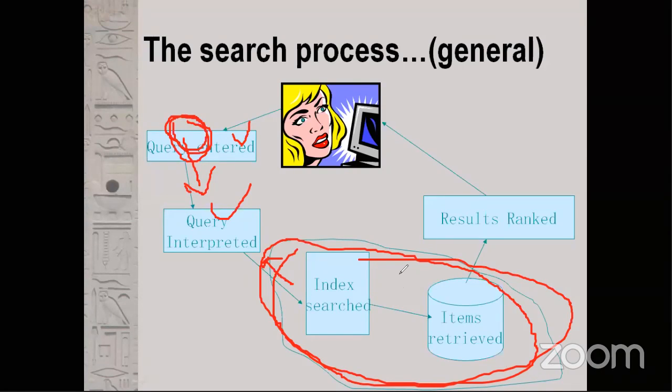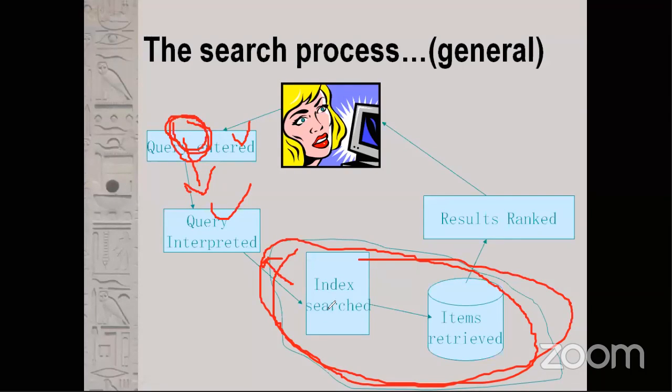On those documents, we have to generate some indexes. The indexes may be either words, or maybe some letters or alphabets. Later we will discuss that. So from the document collection, we generate the indexes.